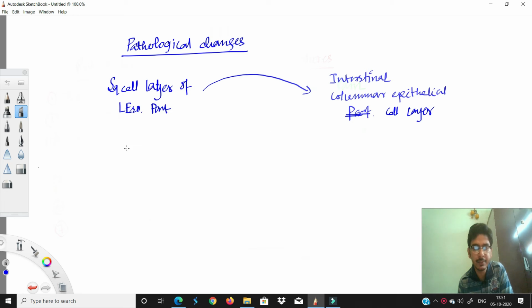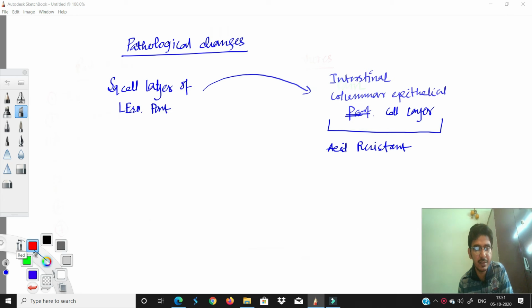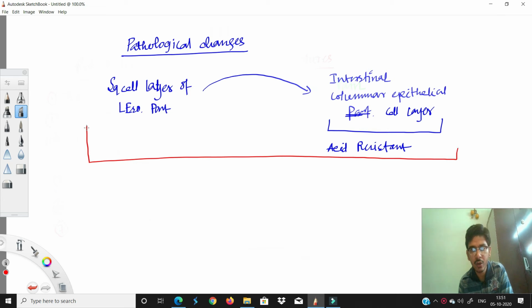and this is acid resistant. And this change is a metaplastic change.